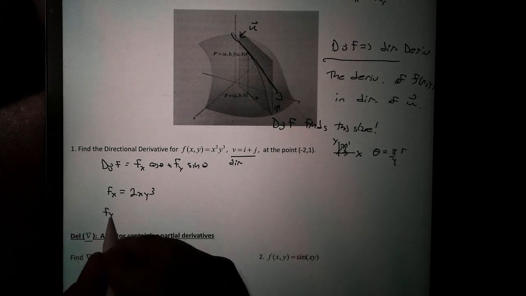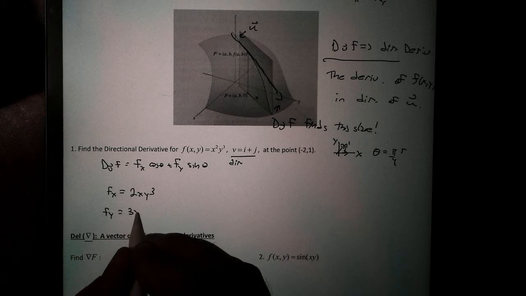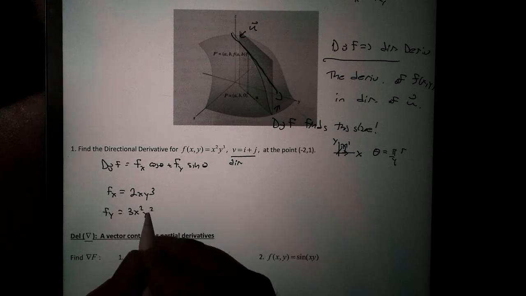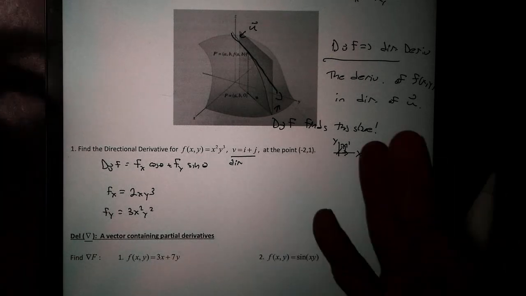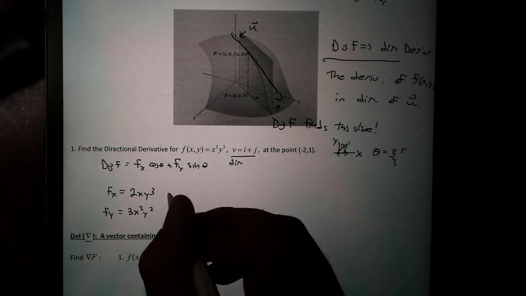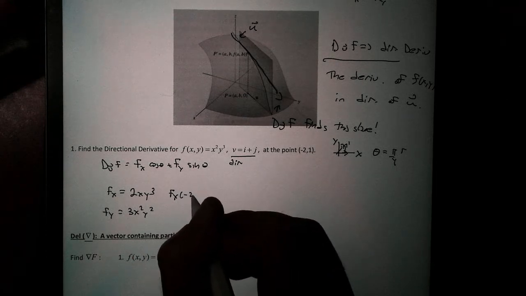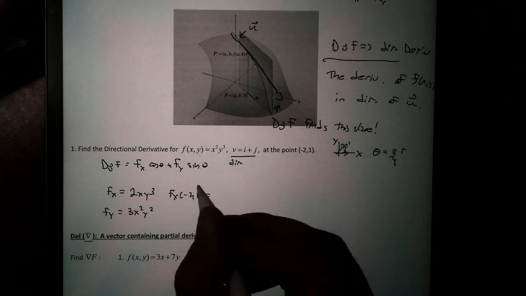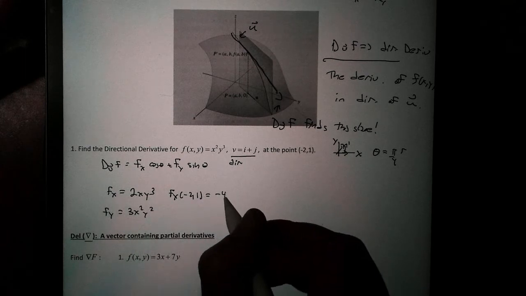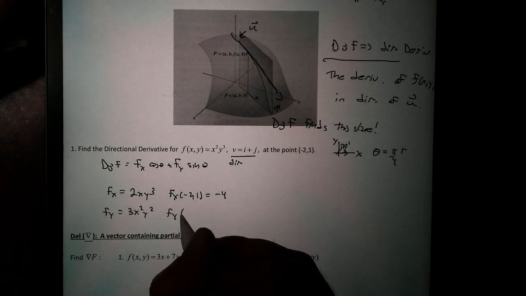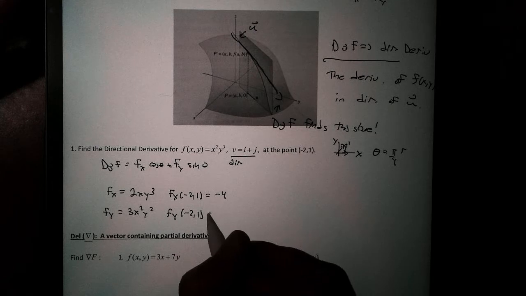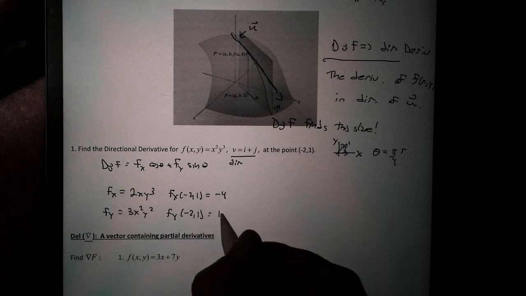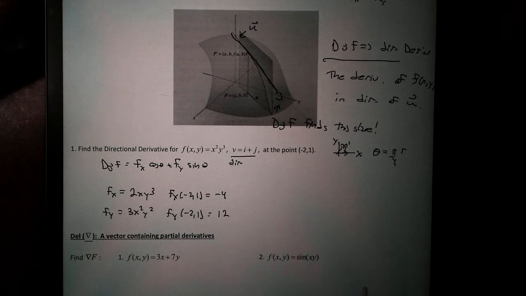The partial with respect to y is 3x squared y squared. Now I'm going to find those partials at our point, negative 2, 1. If I plug this into fx, we get negative 4. The partial with respect to y at negative 2, 1, if we plug that in here, we're going to get 12.